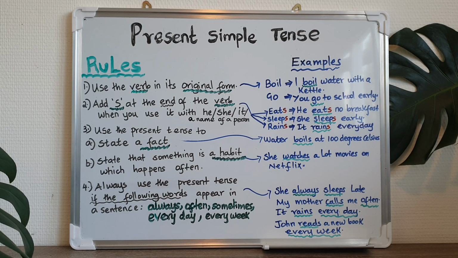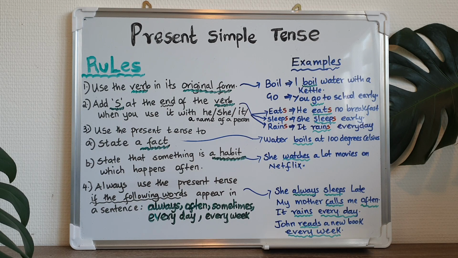So you add S to the verb play. Peter plays football every Sunday. So that is rule number 2. When you have to use the verb with he or she or it or the name of a person, then you have to add an S to the verb.